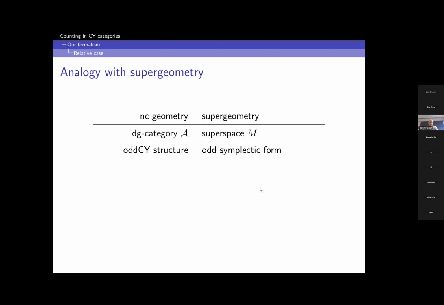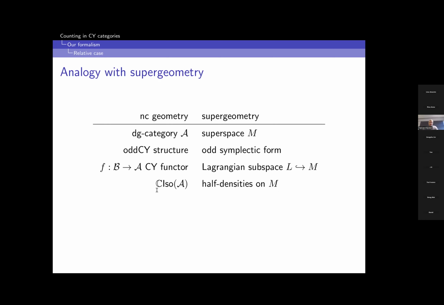So these are analogous, or more precisely, if you have the thing on the left, then you get the thing on the right, on the space of objects of your category. If you have a Calabi-Yau functor, then that induces a Lagrangian map or subspace on the space of objects. So the Calabi-Yau functors are analogous to Lagrangian subspaces in symplectic and odd symplectic spaces.